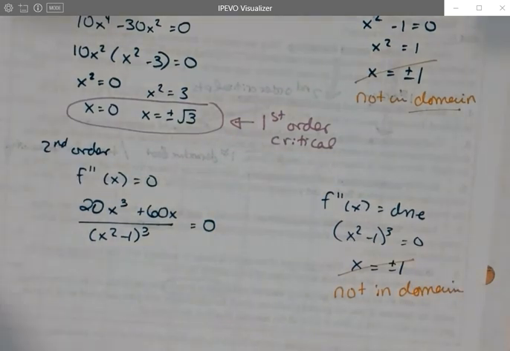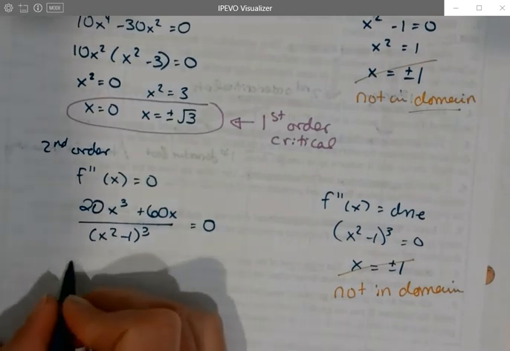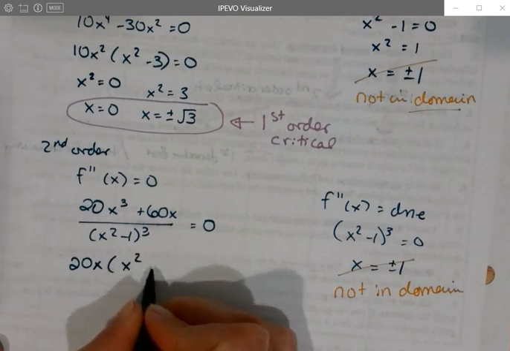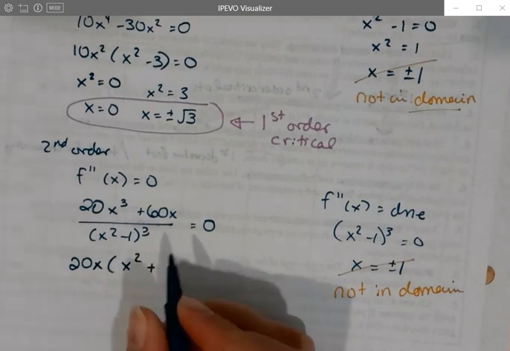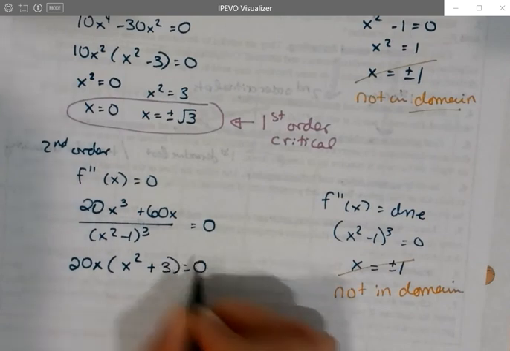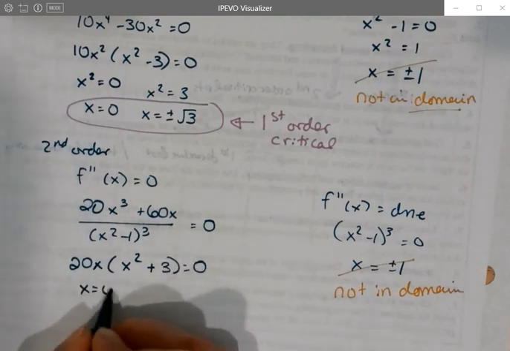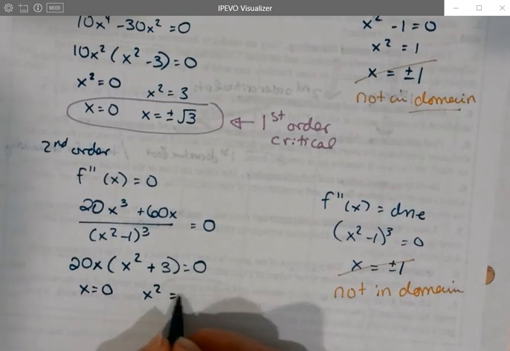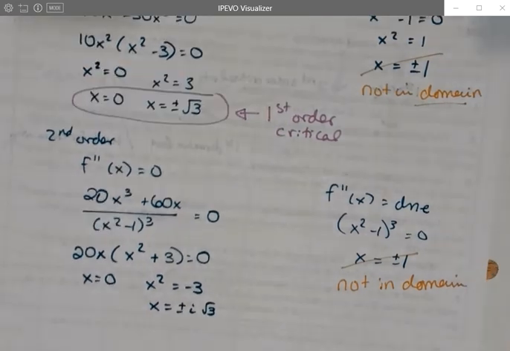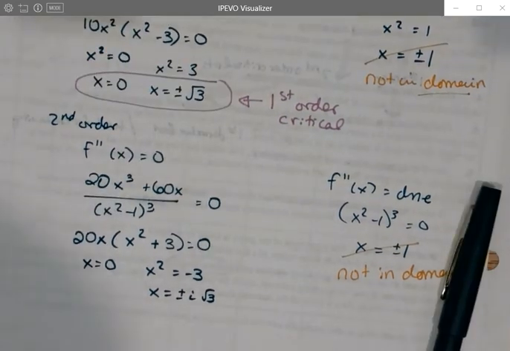Okay, so where it's equal to 0, that's the numerator equals 0, so I factor out 20x. We're going to be left with x squared plus 3 equals 0, and so we have x equals 0 and x squared equals negative 3, which would get me an imaginary unit, and critical values can't be imaginary, of course, they need to be real.